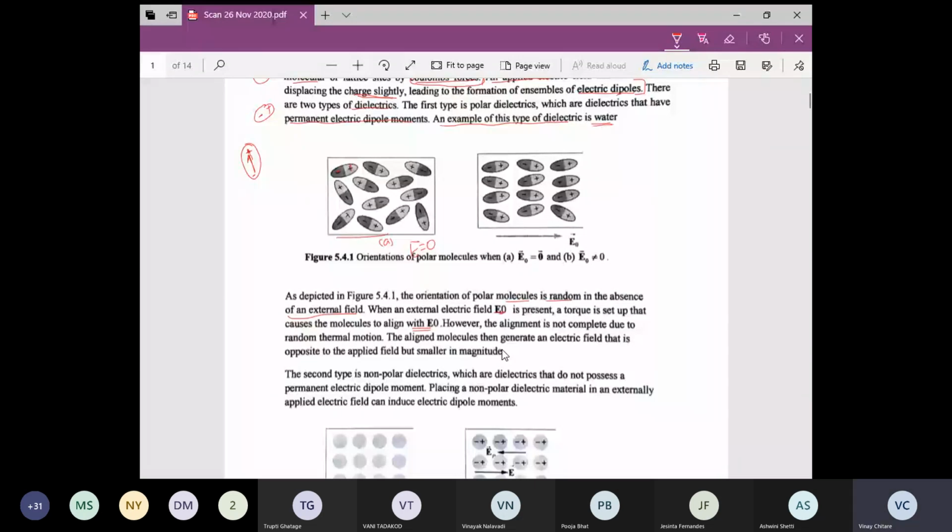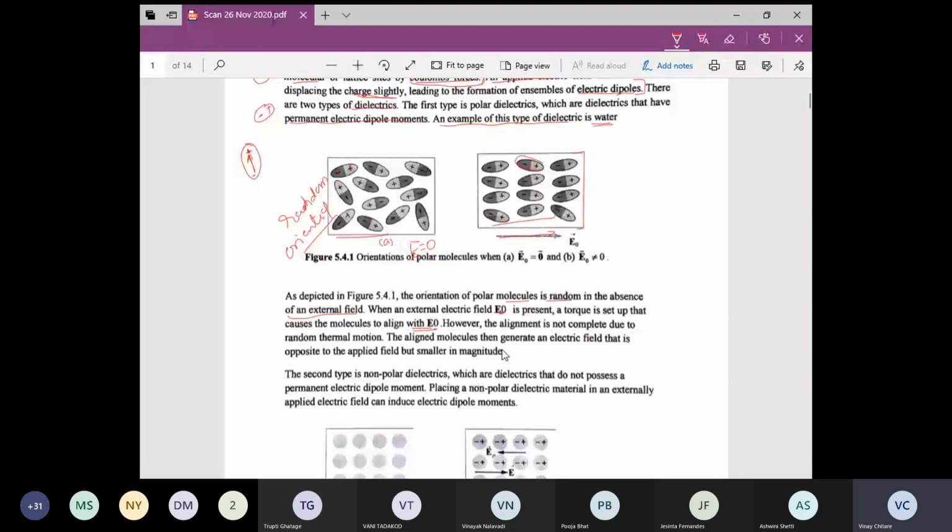You can see that they try to align themselves slightly. It's not a perfect alignment. Initially they were randomly oriented, and when you apply an electric field, they try to align with E naught.